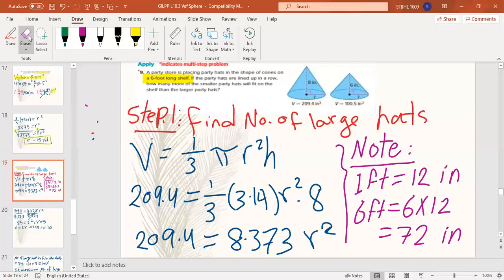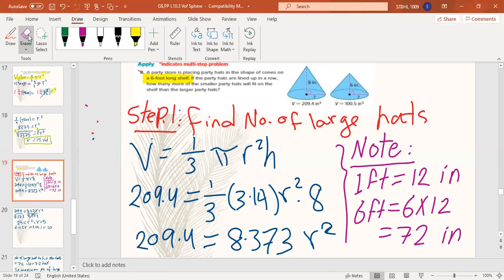And first step, to find the number of large hats which can fit the shelf, I need to find the diameter of each hat. Why, teacher?